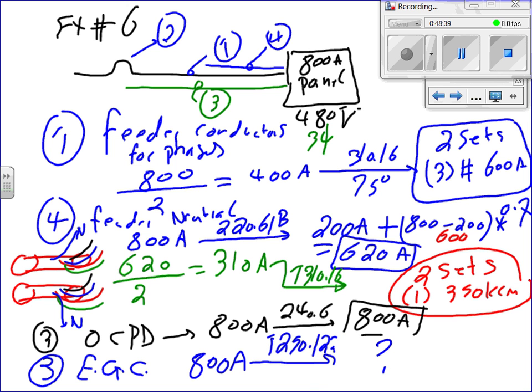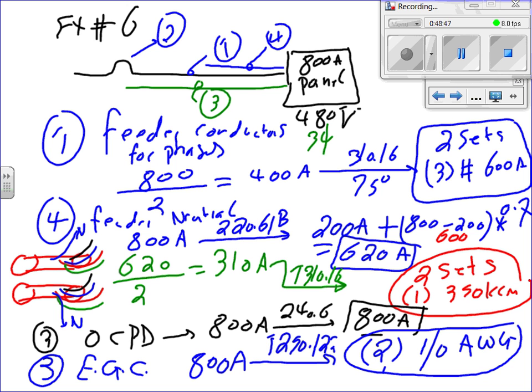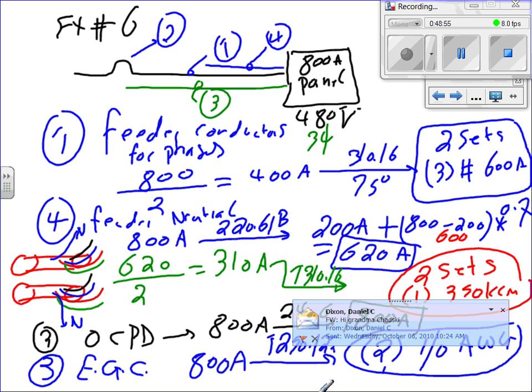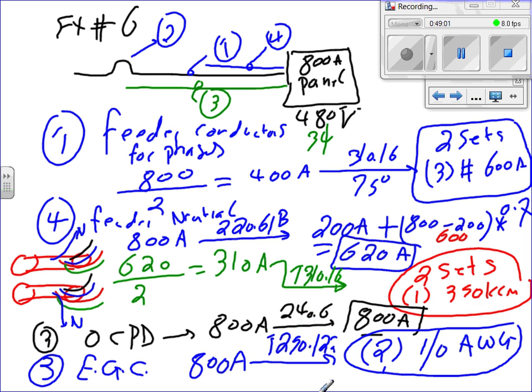I need 2 of them. Why 2 1 aughts? We're running 2 runs. We're paralleling 2 runs, so 1 with every one, the same size. Now, had I grouped them all in one big conduit, then I need one conductor.